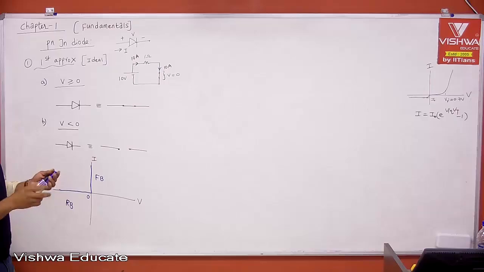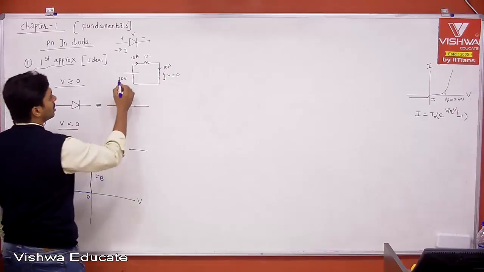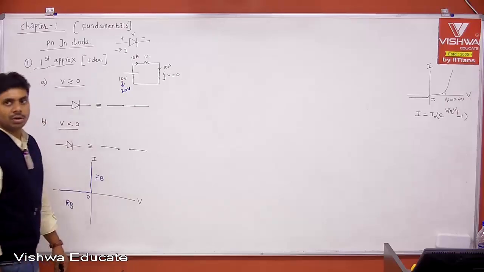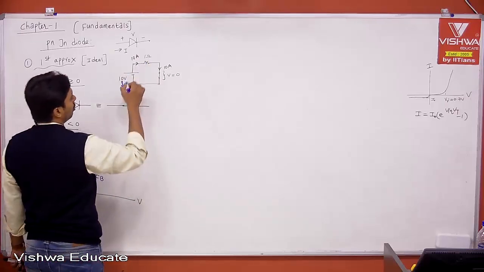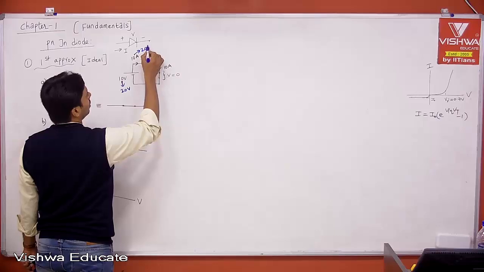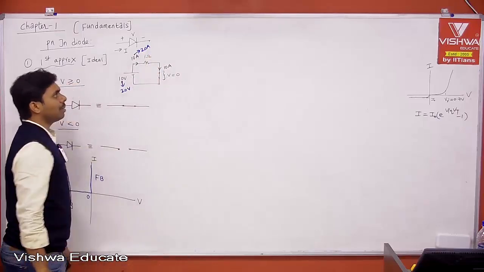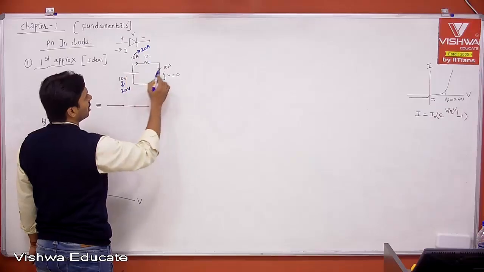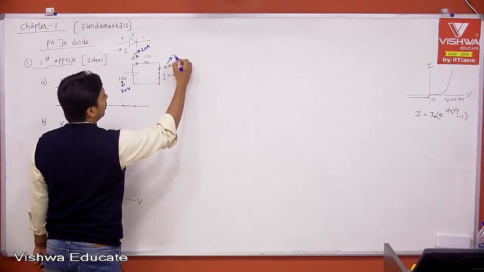Now, let us say I am increasing the voltage. Let us say 10 becomes 20 volt. With 1 ohm, 20 divided by 1 ohm, your 10 ampere will become 20 ampere. In series the current is constant, so here also your 10 becomes 20 ampere.